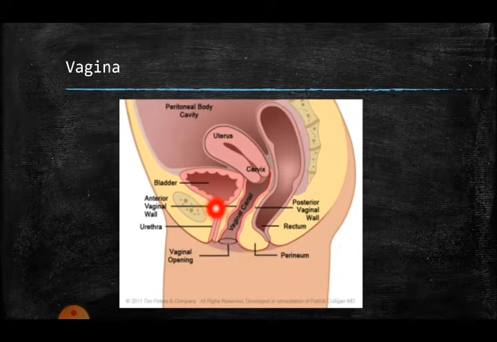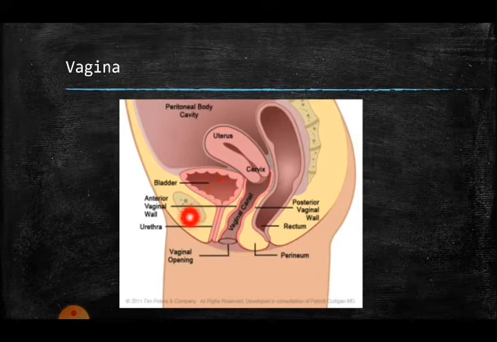So we concluded that the bladder is lying anterior to the uterus. Behind the bladder, you can see this pear-shaped structure, that is the uterus, and you can see that the uterus is bent forward, or we can say that it is lying onto the bladder.